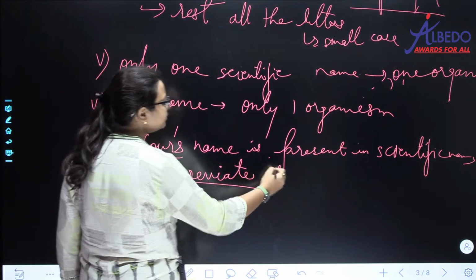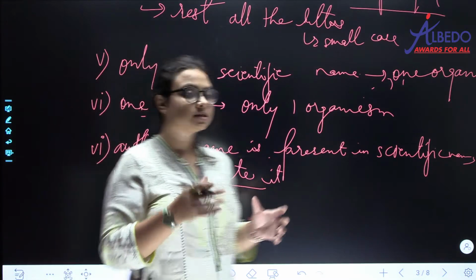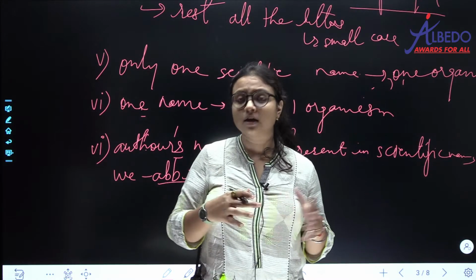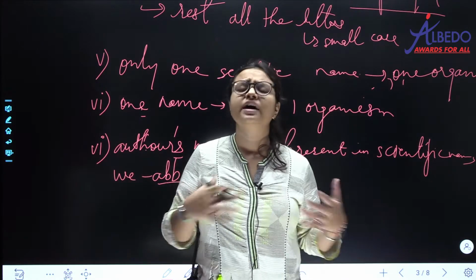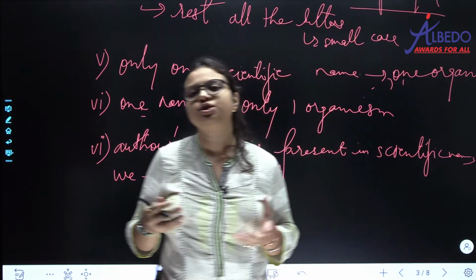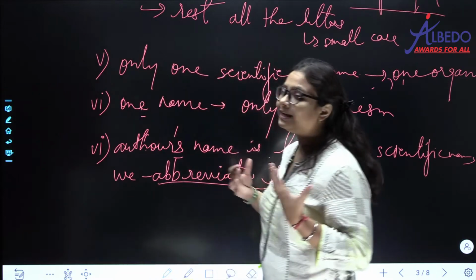What is the meaning of abbreviation? An abbreviation means किसी भी word को एक short form में लिख देना, है ना? जैसे I am saying communication is a very big word, है ना? I have to use it again and again. So what I will do, I will make an abbreviation of that word. ठीक है? So how do we write an abbreviation?